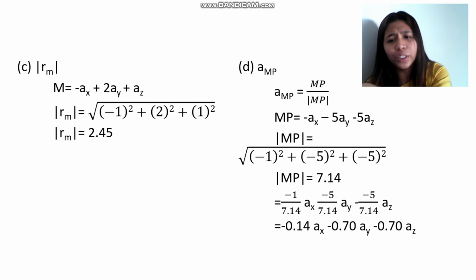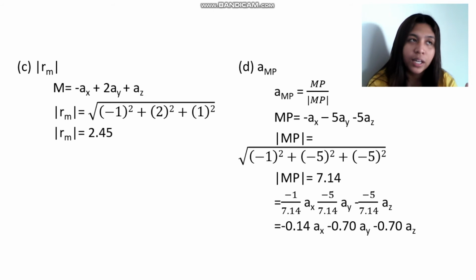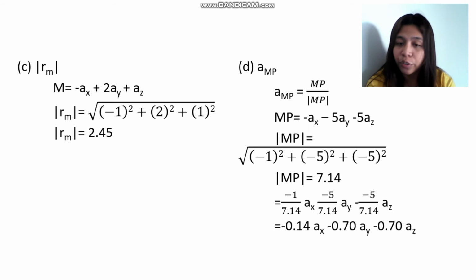Tapos, punta naman tayo dito sa letter D. Letter D is AMP. Para makuha yun, ang gagamitin lang natin na equation is MP over absolute value ng MP. Syempre, ang MP is negative AX minus 5AY minus 5AZ.